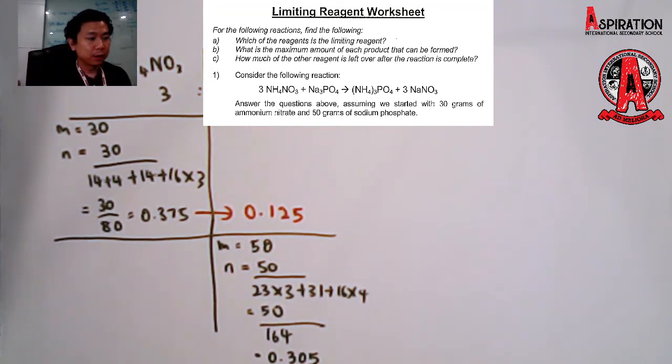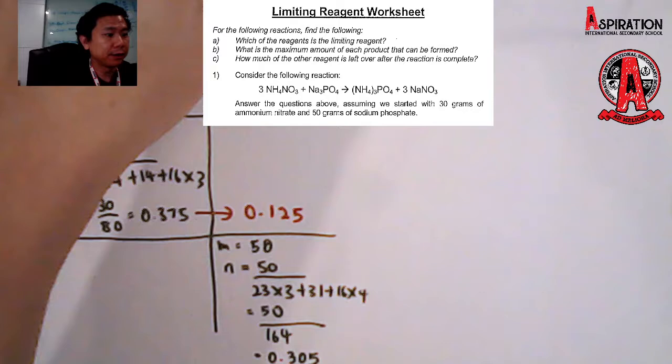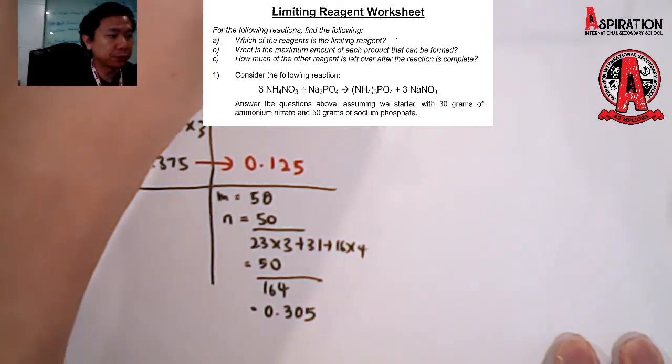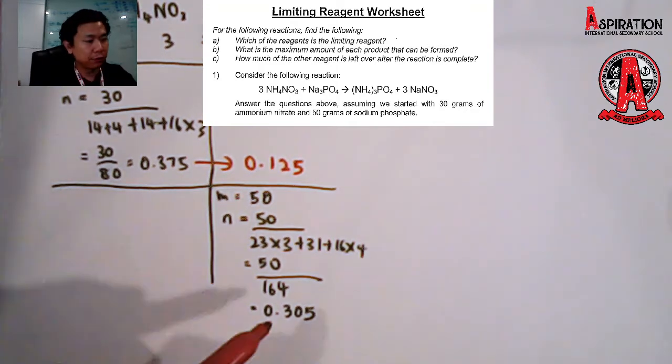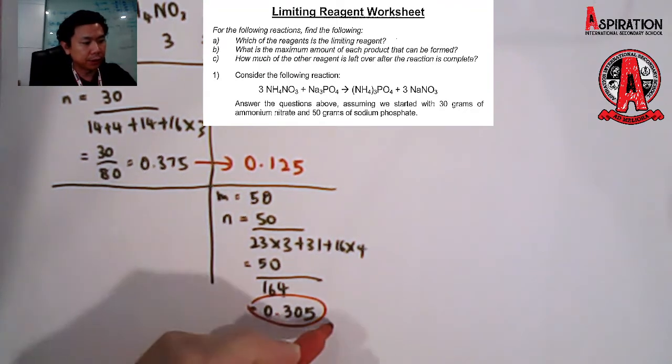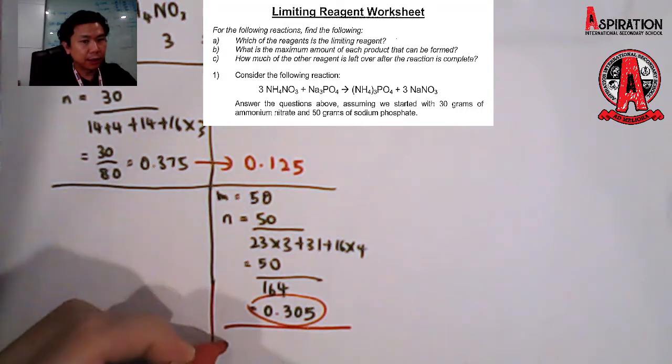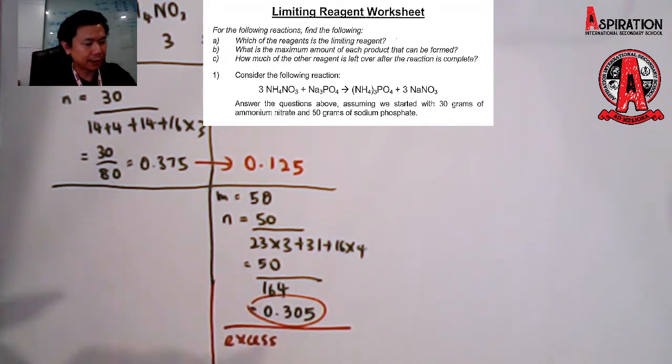Then I will usually ask my students this question: do you have enough? Do you have 0.125? And the answer is yes. You have more than 0.125. You've got 0.305. So immediately you know who is the one in excess.